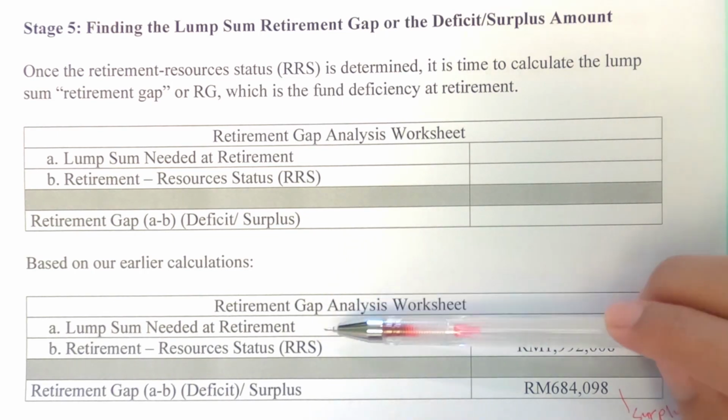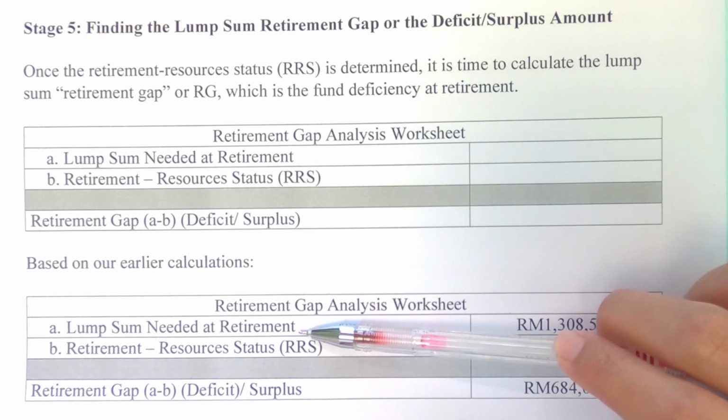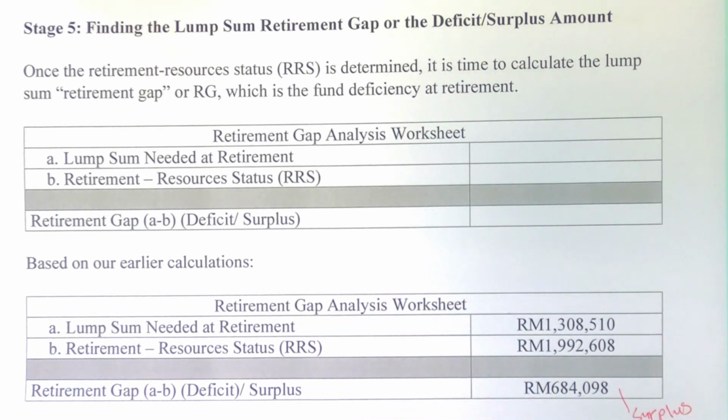Based on our earlier calculation, the lump sum needed at the retirement, for example, is 1,308,510, and basically we find this figure.